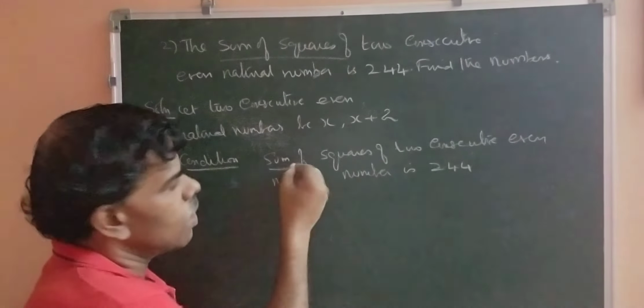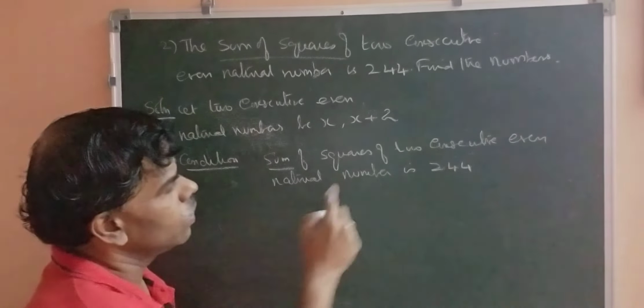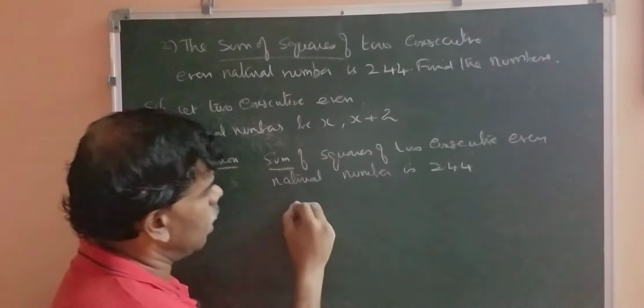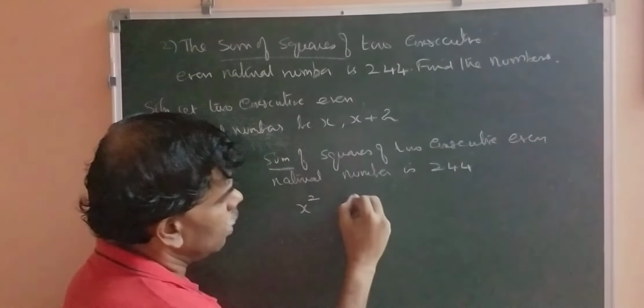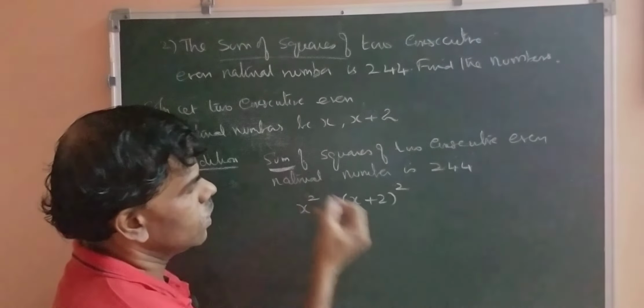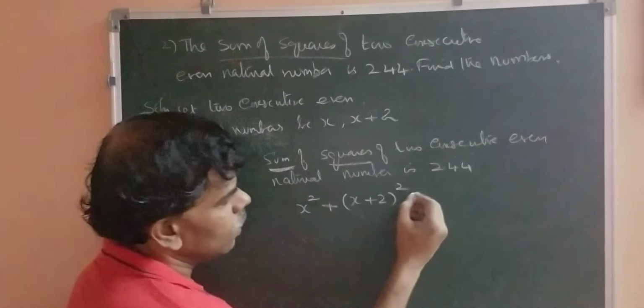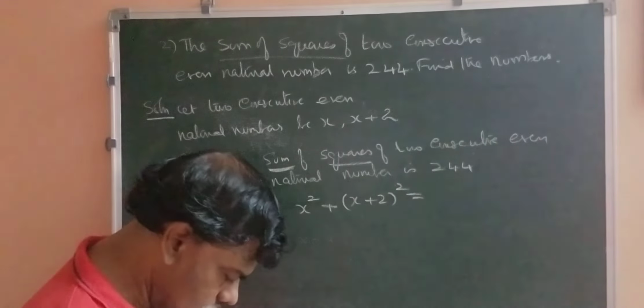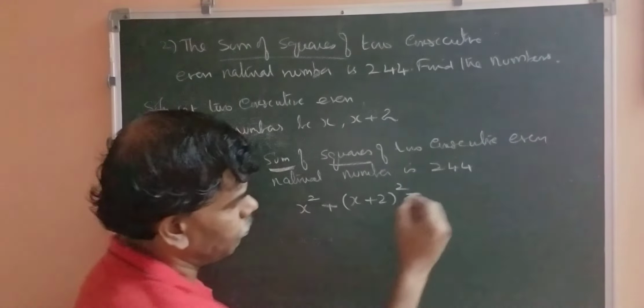Sum means what? Addition. Squares, you have to square it. x square, x plus 2 the whole square. What here? Sum. So sum is equal to, what is given? 244.